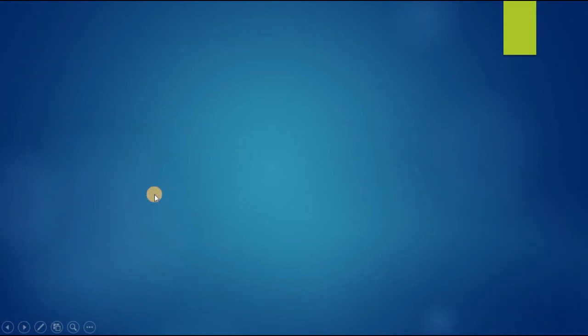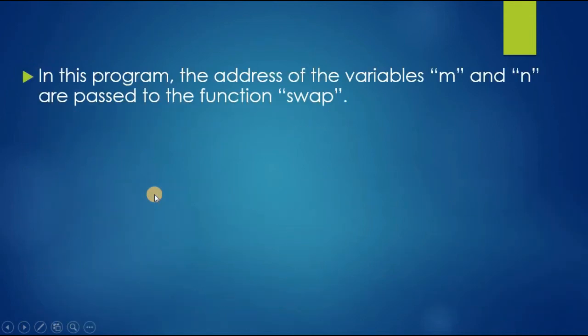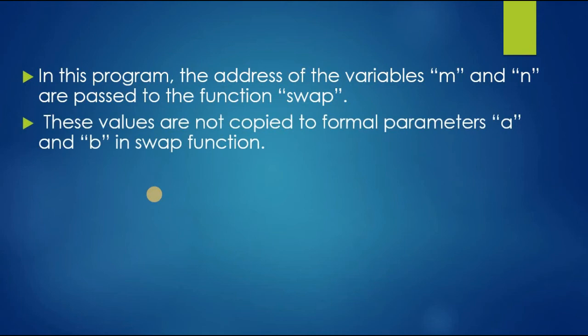How this program works, here we will see. In this program the addresses of the variables m and n are passed to the function swap. The values are not copied from the actual parameters to the formal parameters.